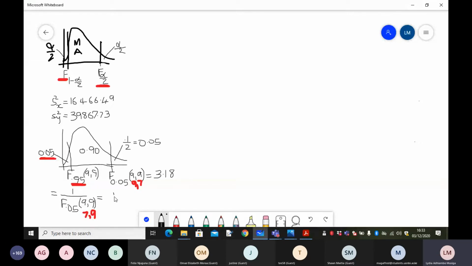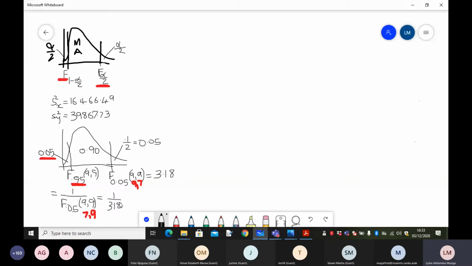So this is just 1 over 3.18. And of course, if we had read the F value for degrees of freedom 9, 7, and now we find that we need to read the degrees of freedom for 7 and 9, then obviously we must go back to the table to read with degrees of freedom 7, 9.